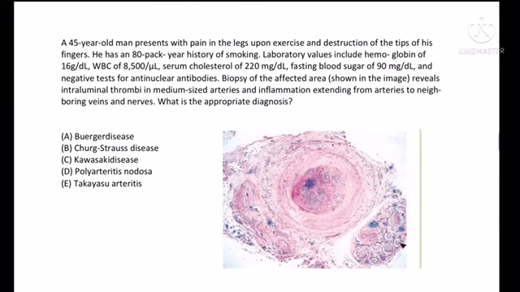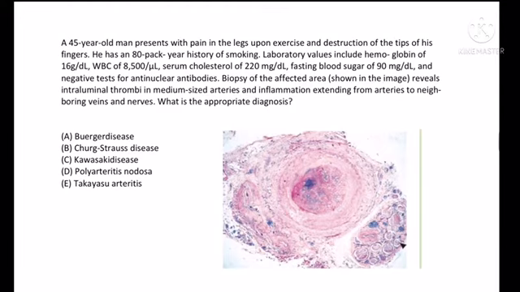So they're asking about a condition of medium vessel vasculitis. I will teach you a simple method to rule out the incorrect options, and after that I'll go through the explanation of the condition. First, they're saying that the patient has pain upon exercise. It means that whenever the patient starts to do some work, because of occlusion of the artery and the lack of oxygen supply, the patient starts to feel pain, and that condition is called claudication.